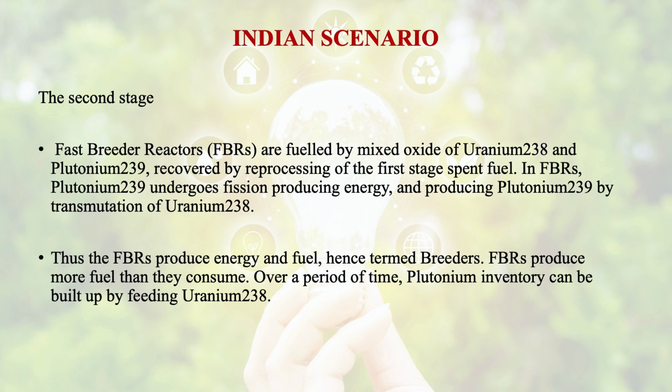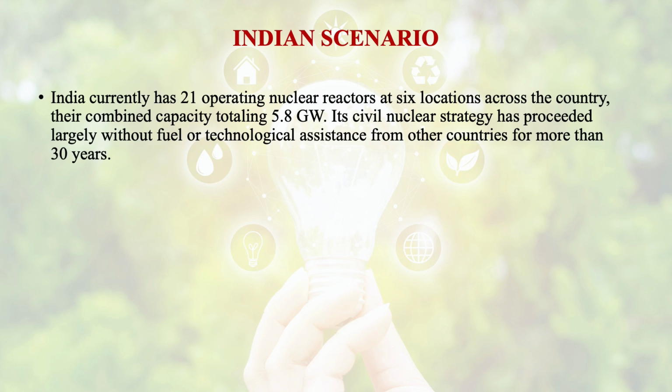Fast breeder reactors produce more fuel than they consume. Over a period of time, plutonium inventory can be built up by feeding uranium-238.